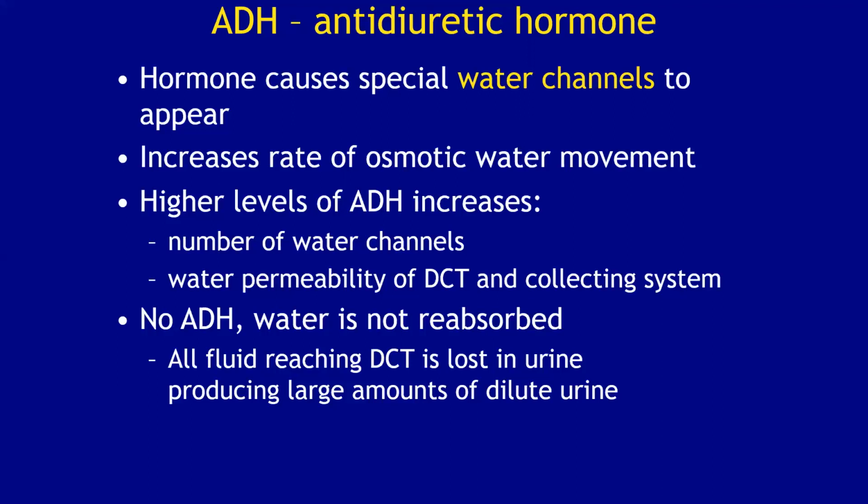If you don't have ADH present, then water is not reabsorbed and you will produce large amounts of dilute urine, right? This is a really important concept for you to grasp.